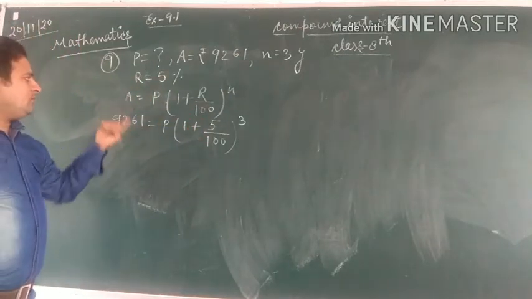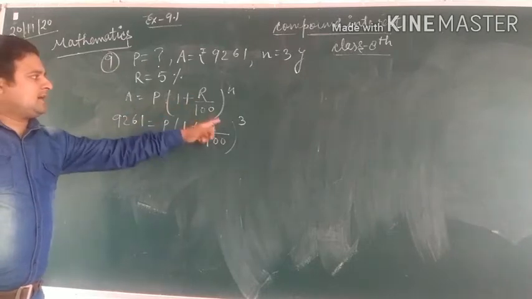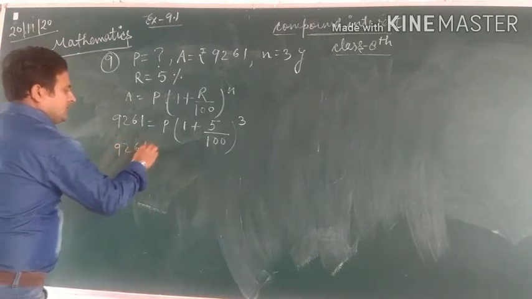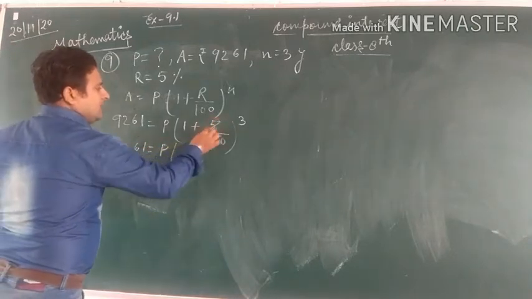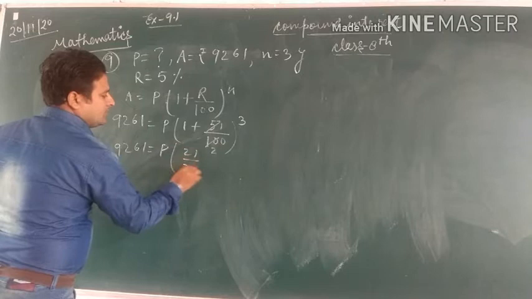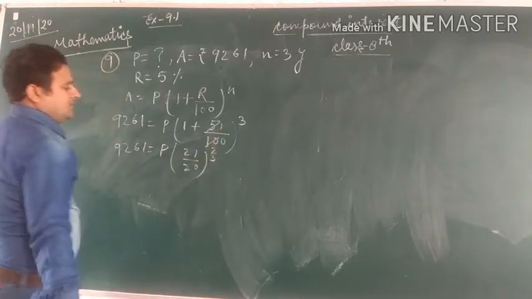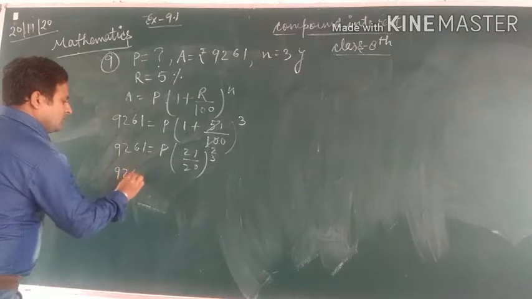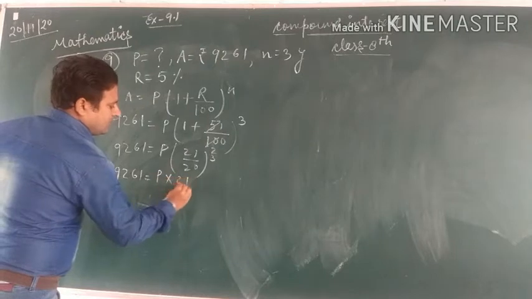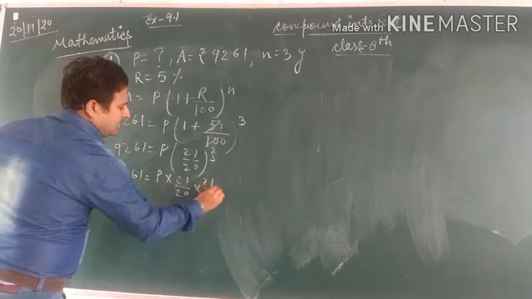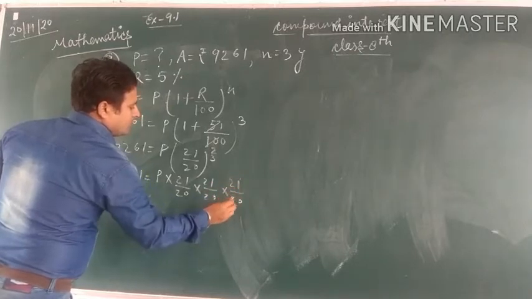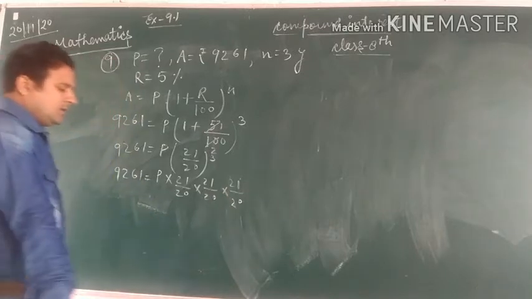We put in the values: A, P is unknown, 1 plus R upon 100 to the power n. 9261 equals P, 5 and 5, 5 twos is 10, that means 20 and 1, 21 upon 20 to the power 3. 9261 is equal to P multiplied by 21 upon 20 multiplied by 21 upon 20 multiplied by 21 upon 20.